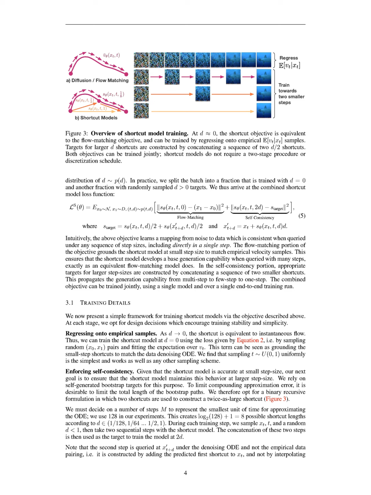Second, for larger step sizes, d > 0, the model utilizes self-consistency targets, where two consecutive shortcut steps are combined to create a target for a larger step size, thus propagating generation capabilities from many-step to few-step and one-step generation.